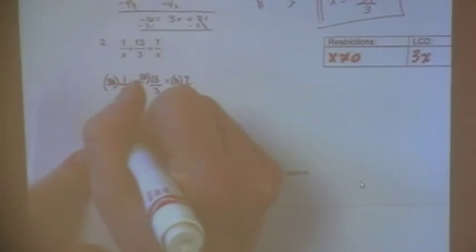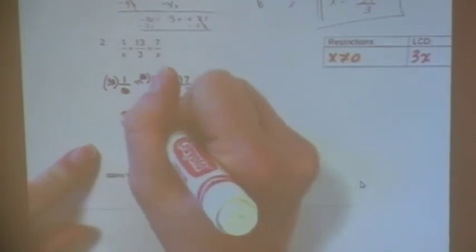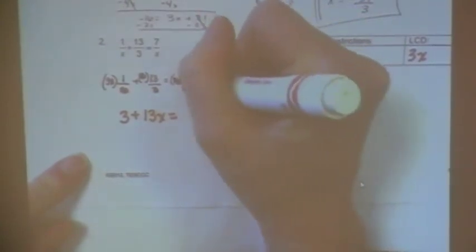Okay, so on your very first term, what happens? The x's cancel. Just the x's though. So you end up with 3 times 1, or just 3. In the second term, the 3's cancel, but not the x's. So you end up with 13x. And in the last term, the x's cancel, and you end up with 21.